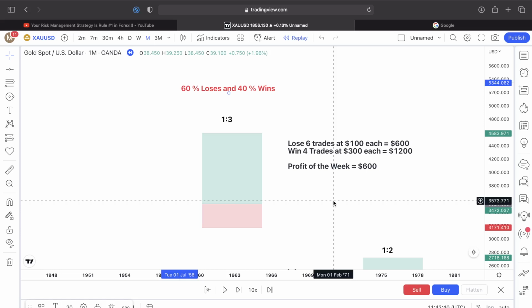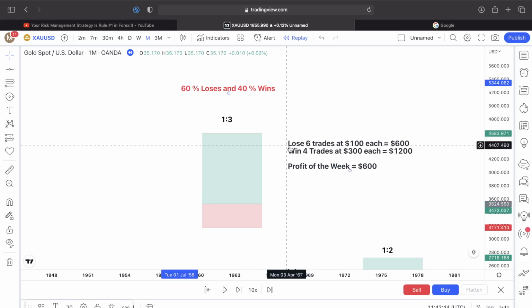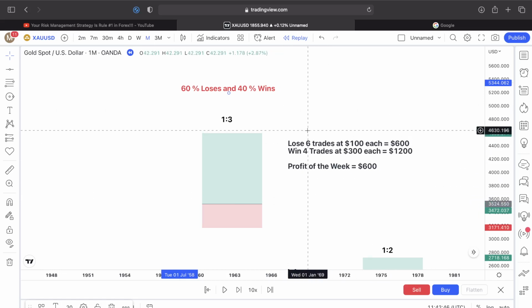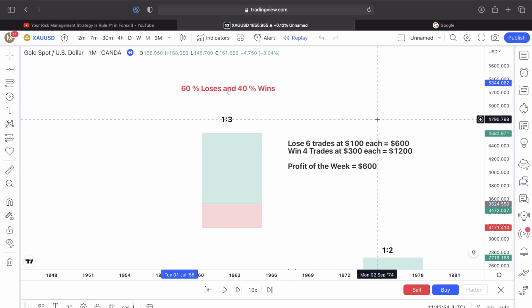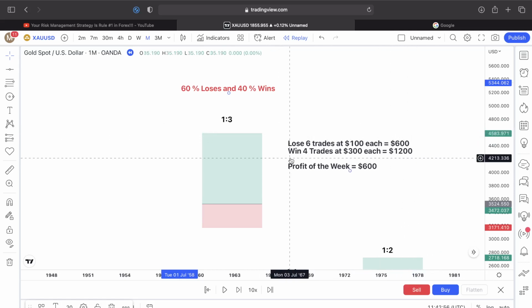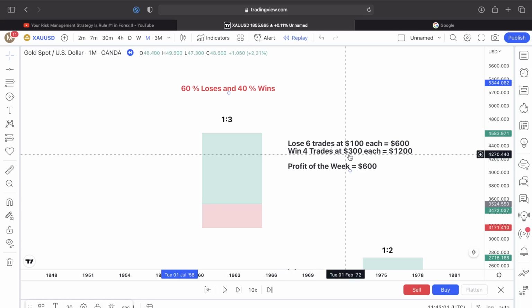It helps you to maintain consistency in the market. So again, if you lose 6 trades, you've been trading 6 times, and every time was a loss, and you lost $600, which represents 1%. And then you only win 4 trades.